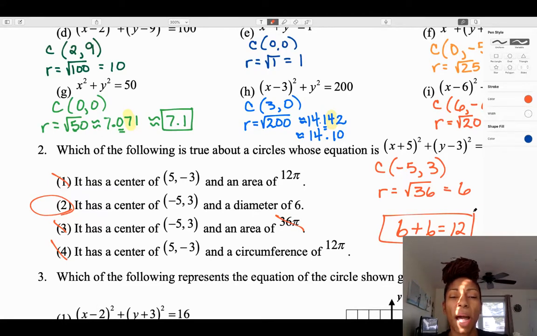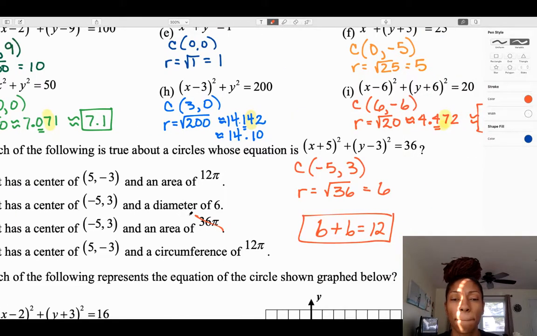But they have 12 pi here. The area is 36 pi. Well, let's see. What's the area of a triangle? I mean, the area of a circle. That's the diameter.